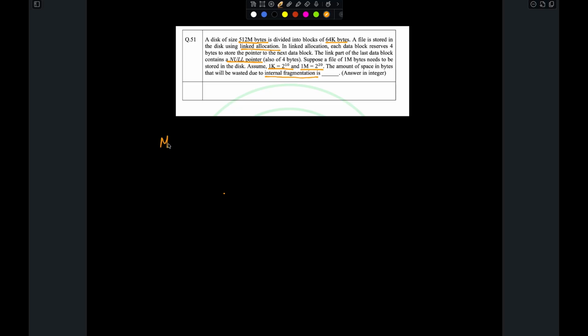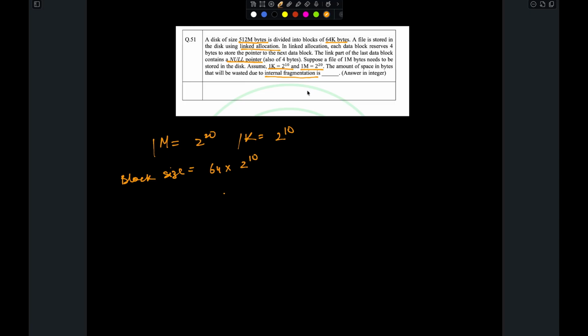Now m here is 2 to the power 20 and k is 2 to the power 10. Now since each block size that we have is 64 into 2 to the power 10.